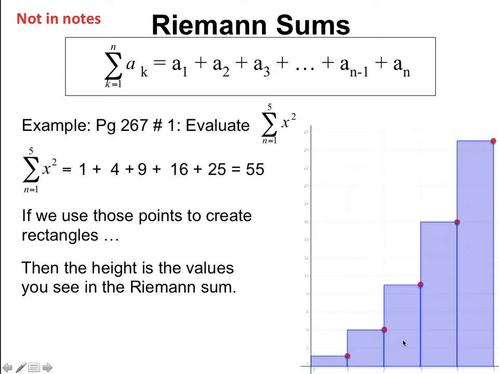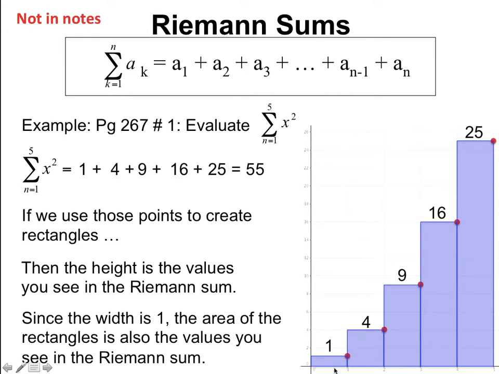And what is this approximation? If I'm using the heights on the upper right-hand corners of each rectangle, this approximation is going to be an RRAM, or a right Riemann sum, a right rectangular approximation. And so each one of these has a height of 1, 4, 9, 16, and 25. In other words, each one has a height of x squared, or the function value, and it has a width of 1.